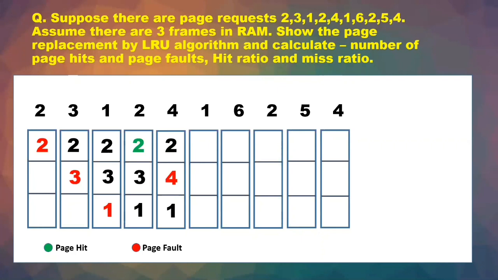Now 1 is present inside the RAM, so that is a page hit. Now 6 is not present inside the RAM, that is a page fault, and between 2, 4 and 1, which is least recently used? 2 is least recently used, so 2 is replaced by 6.